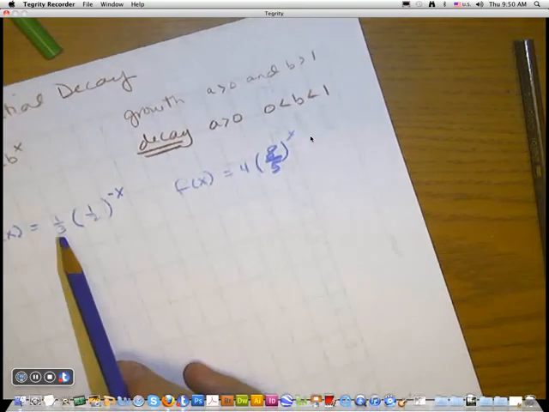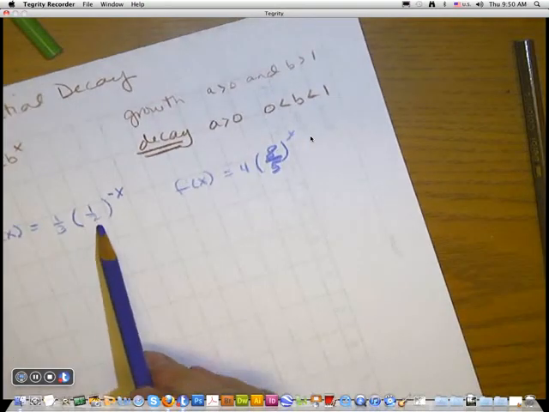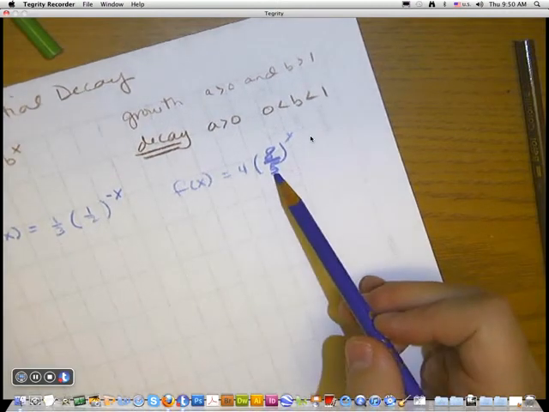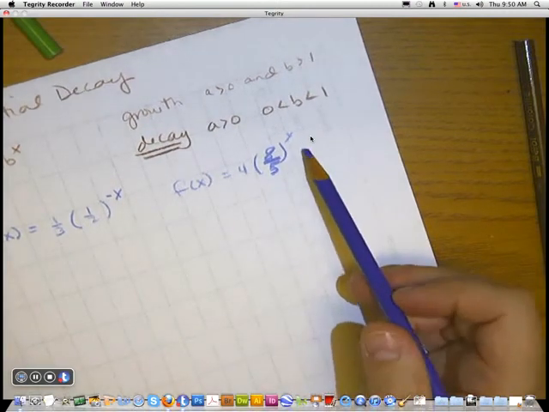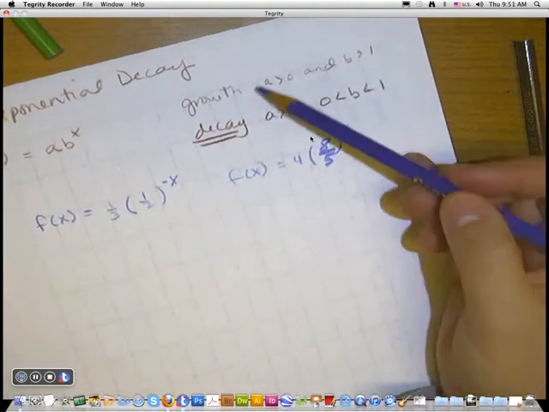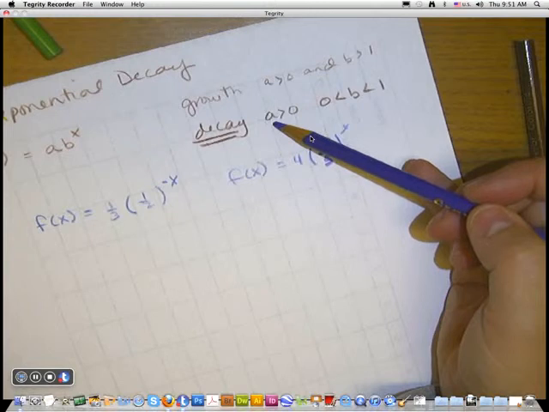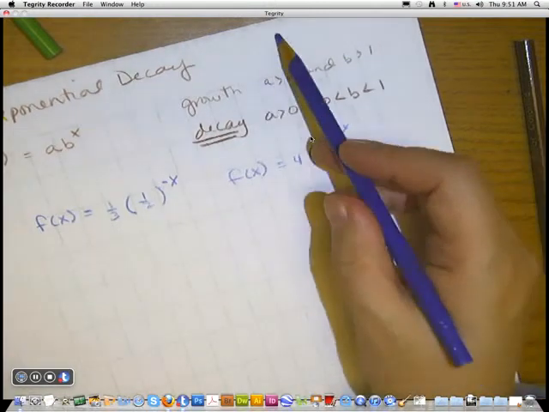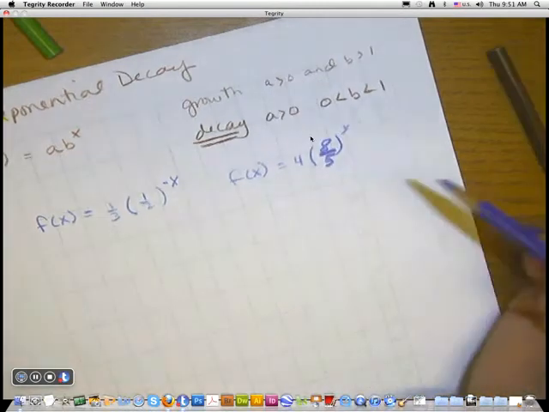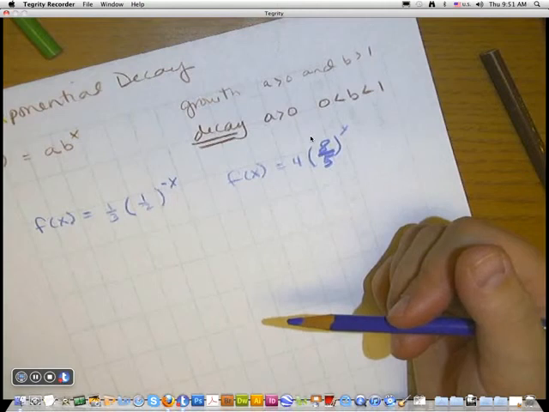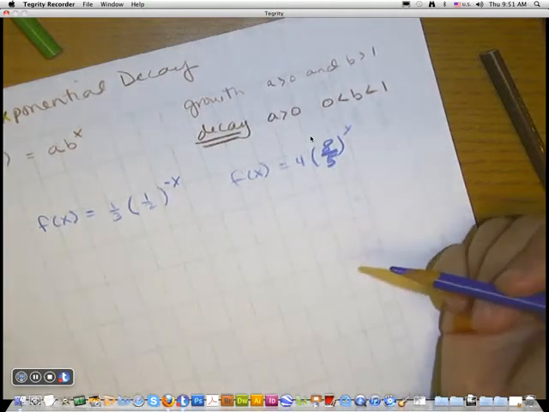So here I have 1/3 times 1/2 to the negative x, and here I have 4 times 8/5 to the x. Now this a tells me I'm above the x-axis or below the x-axis, just like it does in a parabola. I can still be growth above and below, just like I can be decay above and below.